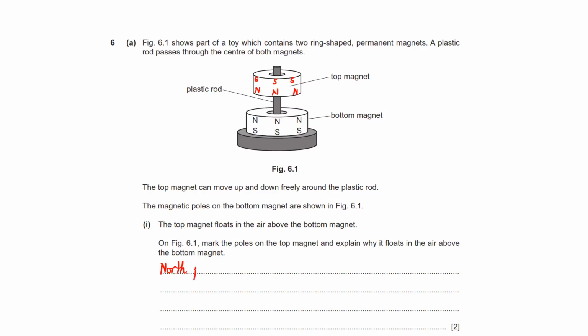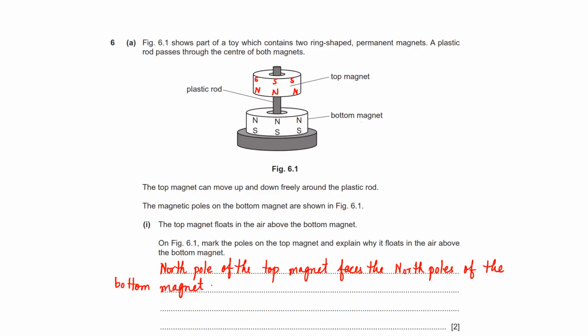North pole of the top magnet faces the north pole of the bottom magnet. Similar poles repel each other.